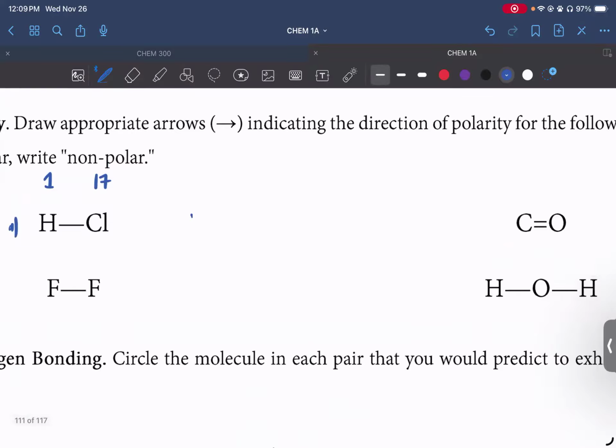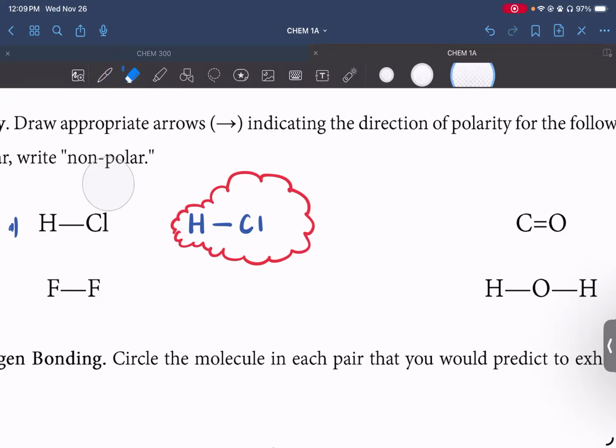So if we were to draw a cloud representing this uneven sharing, it would probably look something like this, where most of the electron cloud is on the side of the chlorine. Again, this comes from that uneven sharing of electron density.